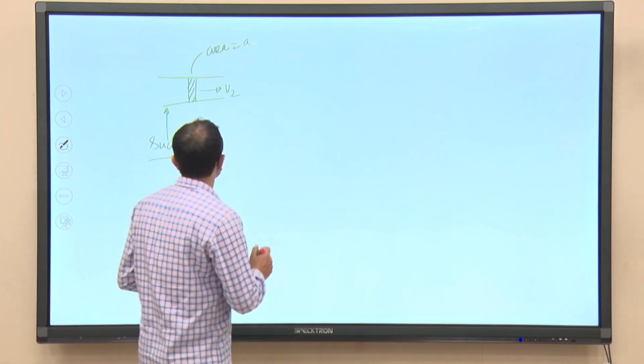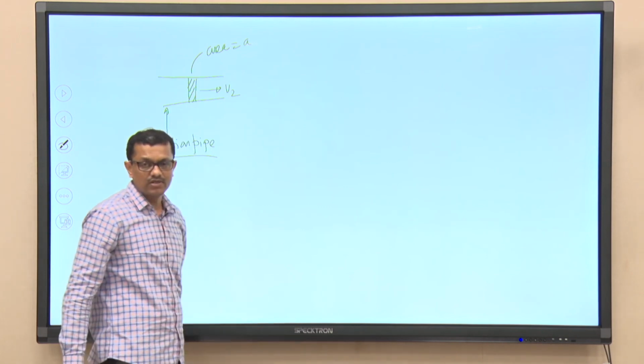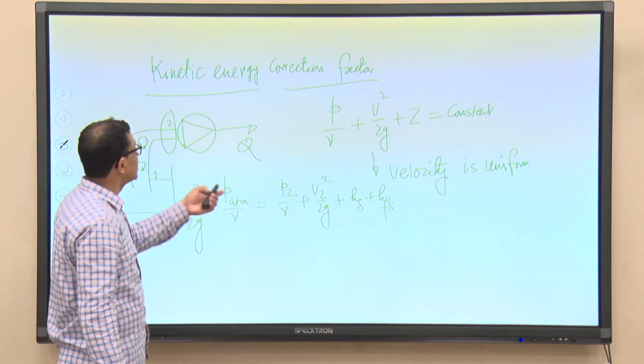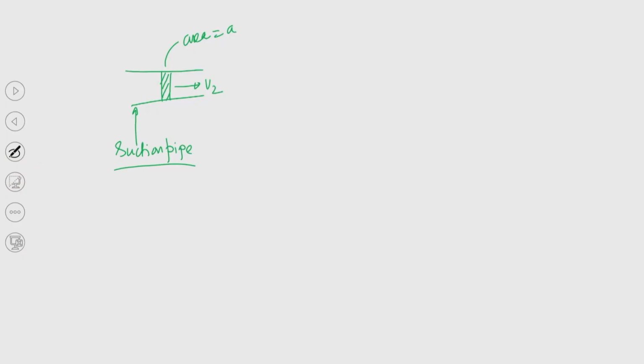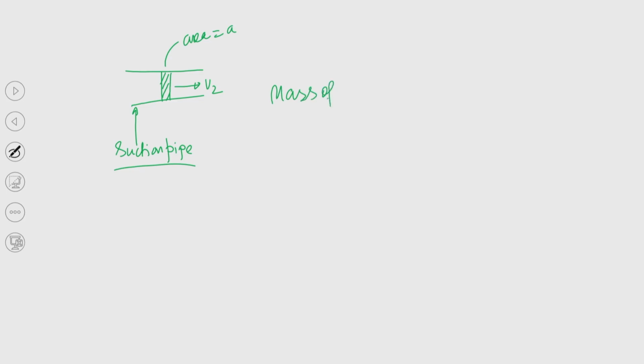Basically, you know what the mass of that fluid at this section is, because I have introduced the word kinetic energy; in fact, this is the kinetic energy correction factor. So, what is the mass? I will take the mass of liquid.